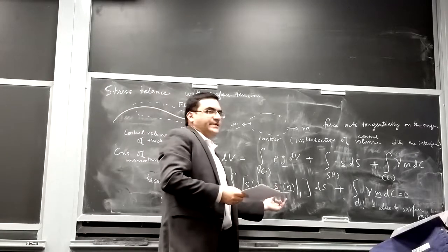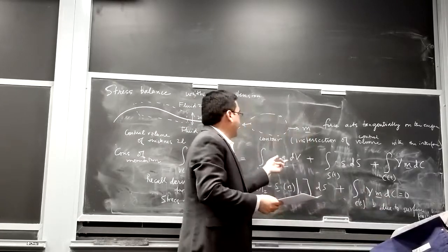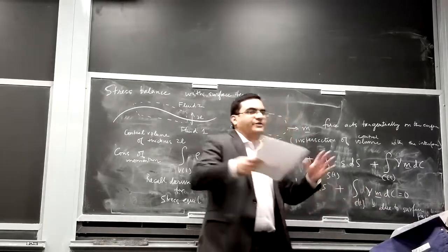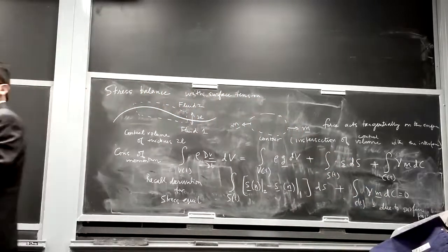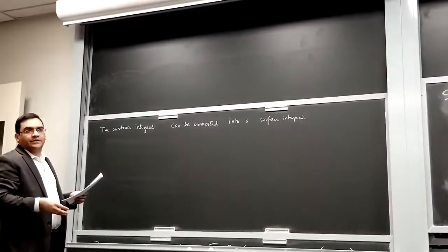The strategy is we try to have everything converted either into dV integrals or dS integrals so that we can get a differential version of this. So our goal is to get a differential version of stress balance that includes the surface tension term.